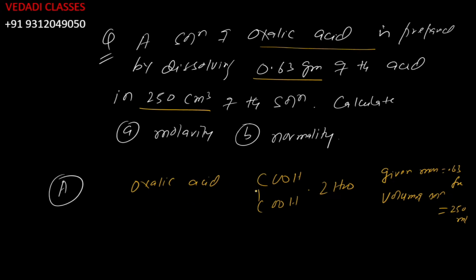So molar mass is what? 2 carbon, so 12 into 2, plus oxygen is 6, so 6 into 16, plus hydrogen is 6, 6 into 1. 2 carbon, 6 oxygen, 6 hydrogen.